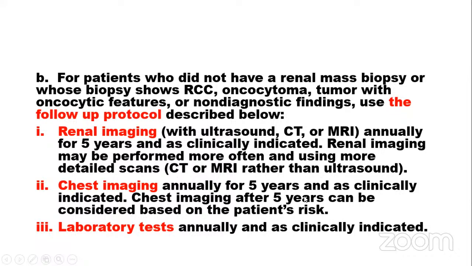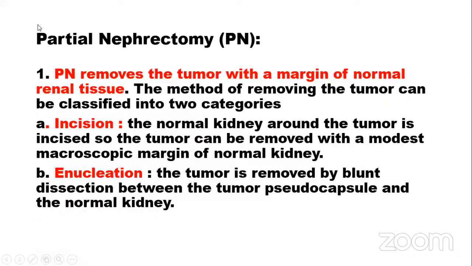Chest imaging after 5 years can be considered based on patient risk. Laboratory tests also annually. So renal imaging annually, CT, MRI, or ultrasound, chest X-ray annually, and laboratory tests annually, all this for 5 years.